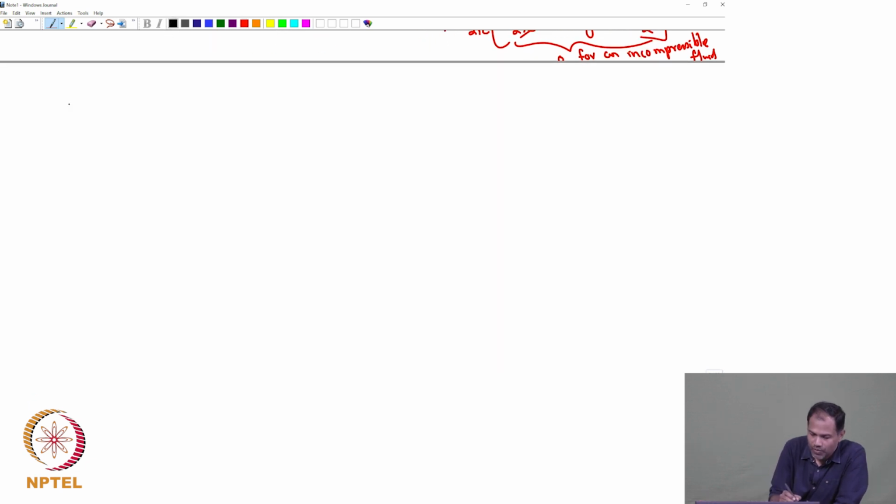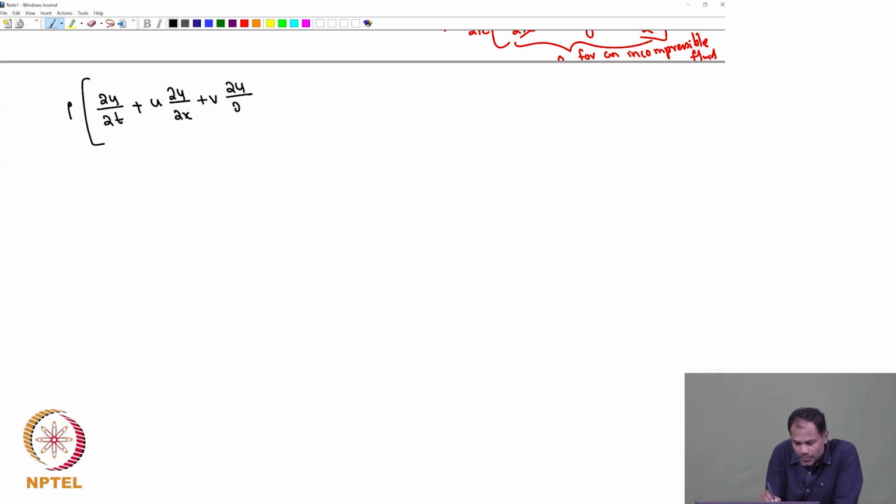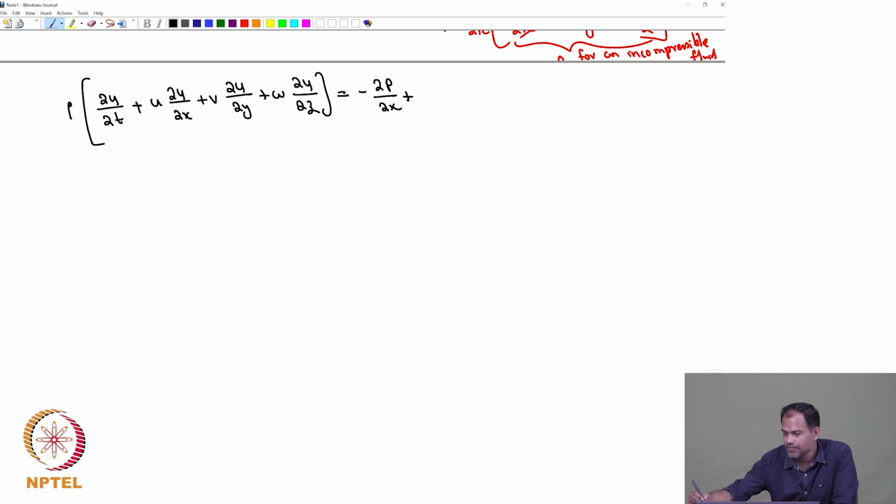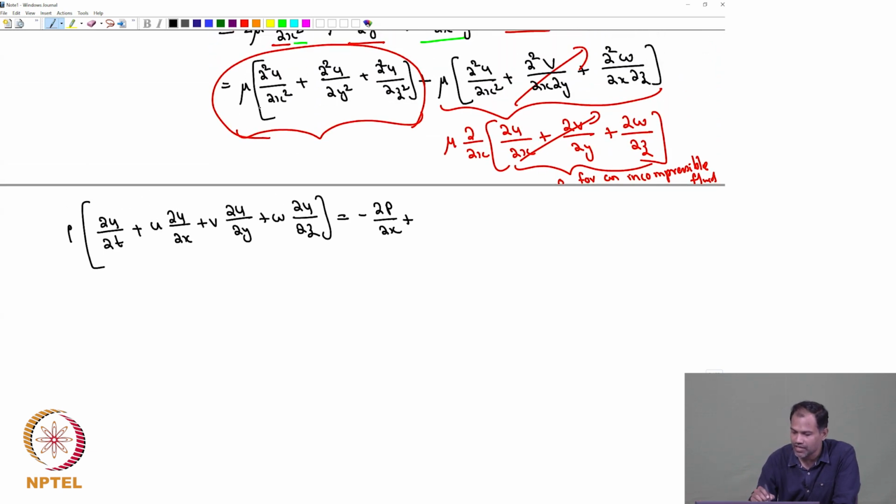The simplified equations would be ρ, which represents mass times the x directional acceleration, which is ∂u/∂t, remember it is a substantial derivative, u ∂u/∂x + v ∂u/∂y + w ∂u/∂z, should be equal to the pressure forces, minus ∂p/∂x, plus the shear stress forces, which we have calculated as just this quantity.